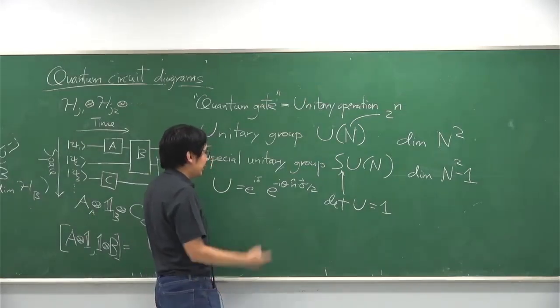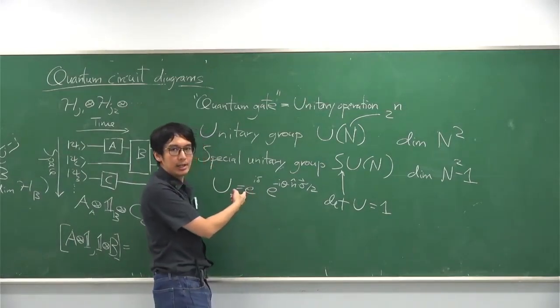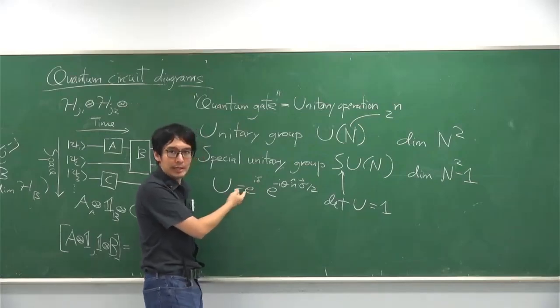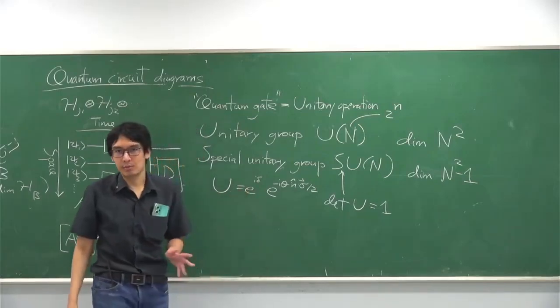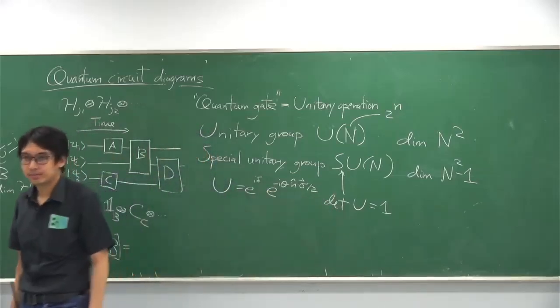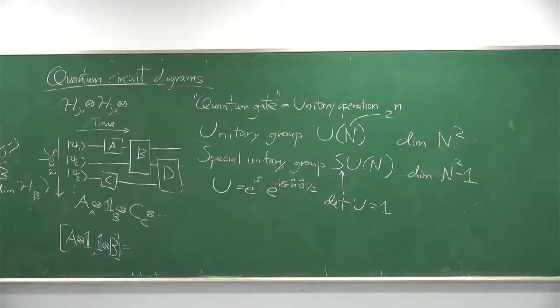But since this phase is independent of the state that you apply it to, you can always ignore it by setting it to some value in here. So this is just one way to do it.